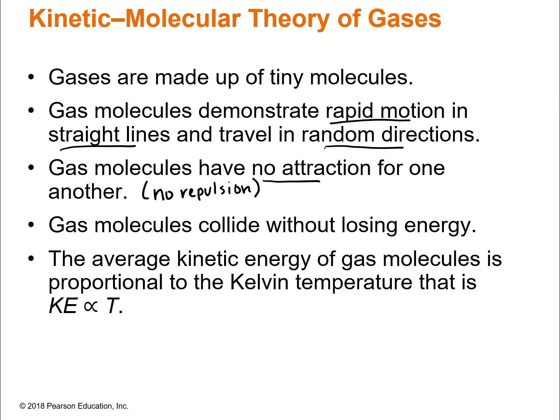The average kinetic energy of a gas molecule in a container is proportional to the Kelvin temperature. The way that's written is, KE is kinetic energy, and that kind of fish sign is proportional to.